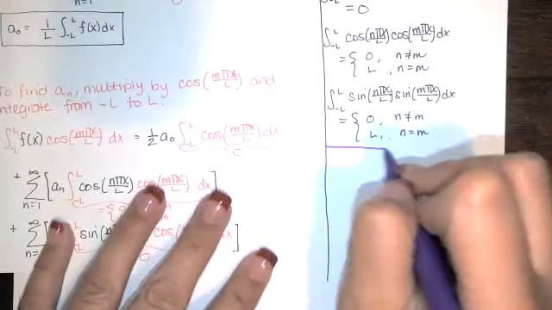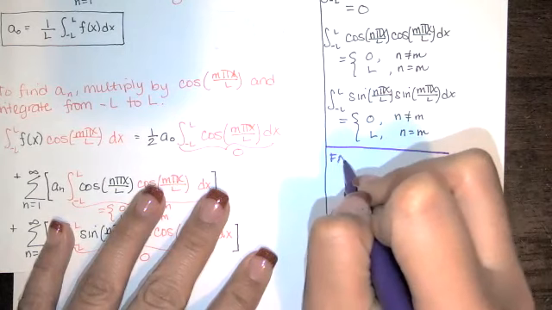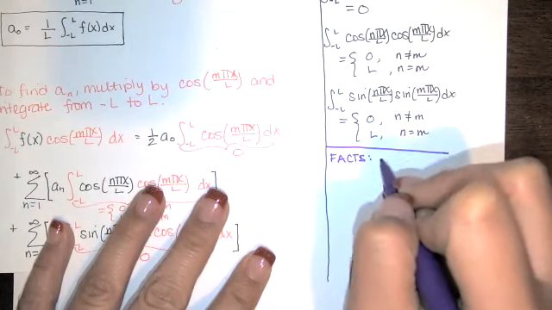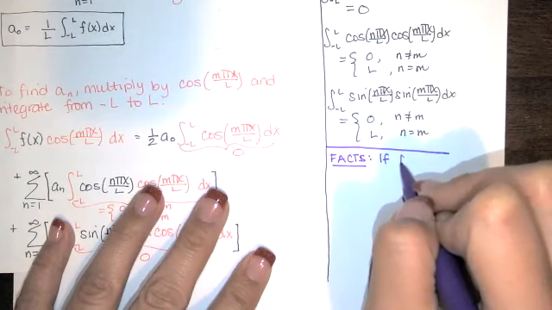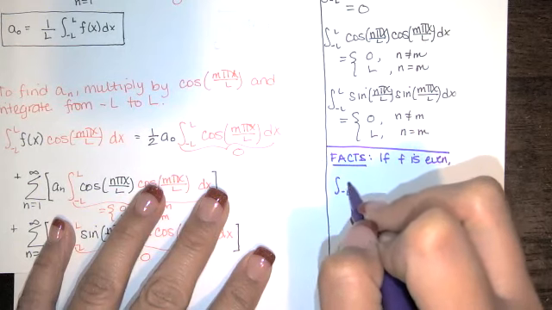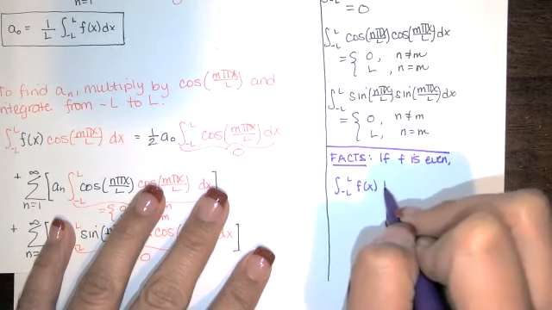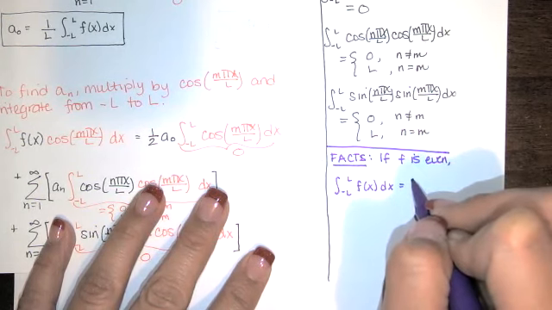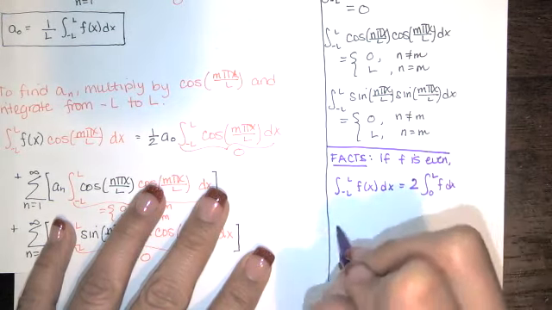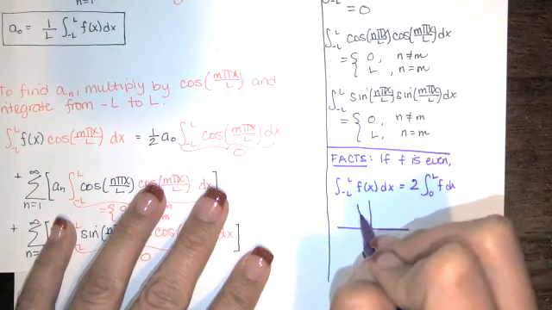I'll put it over here with my list of identities. Say facts. If f is even, the integral from negative L to L of f of x turns out to be 2 times the integral from 0 to L of f. And remember why that's true.